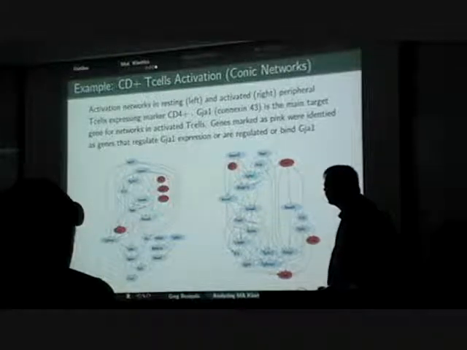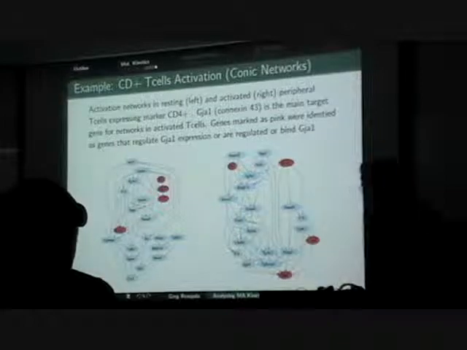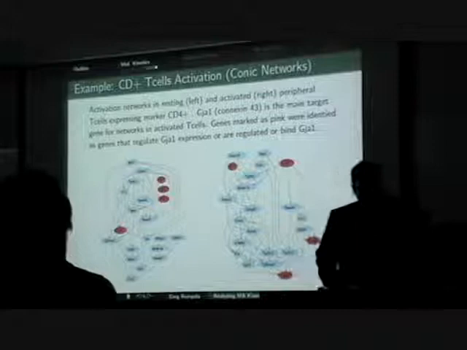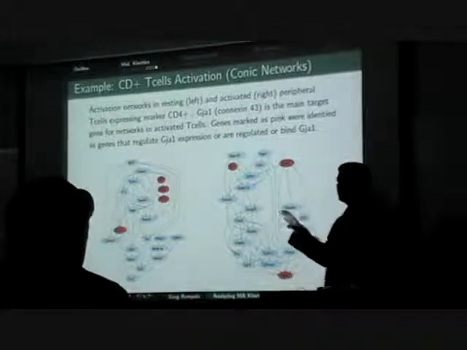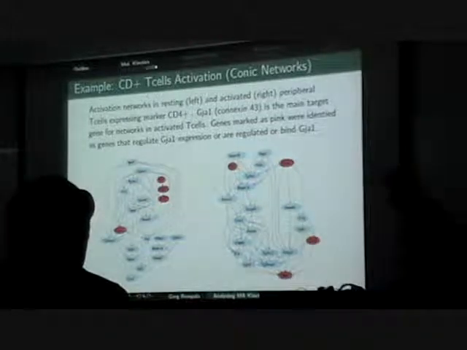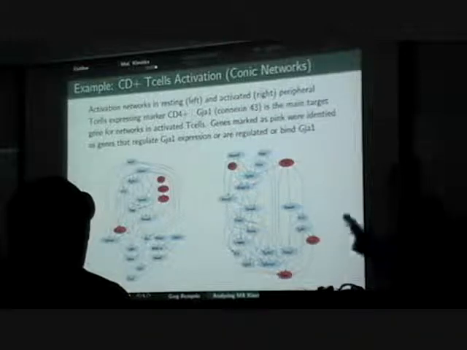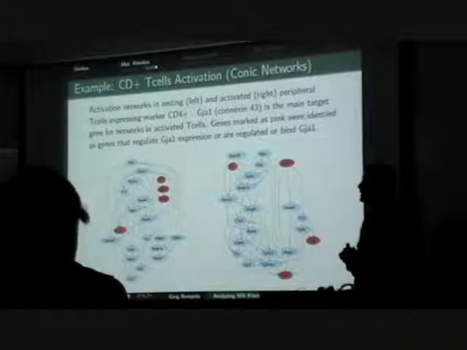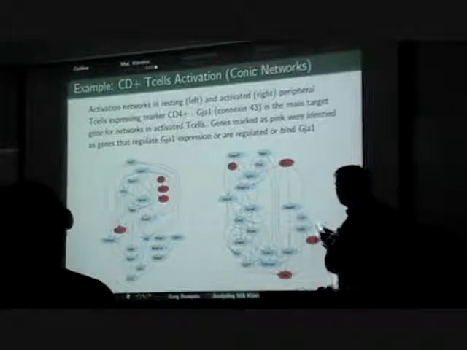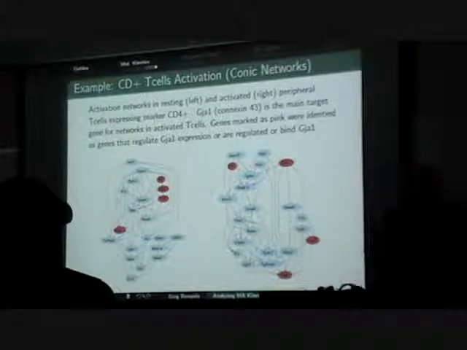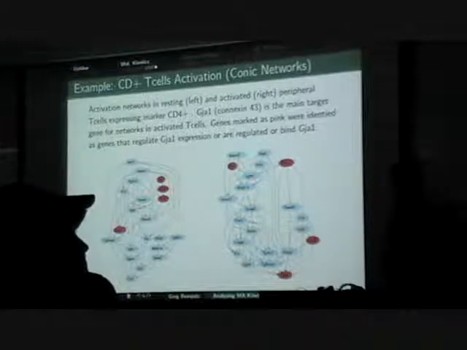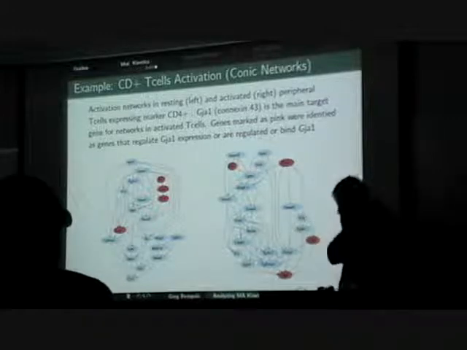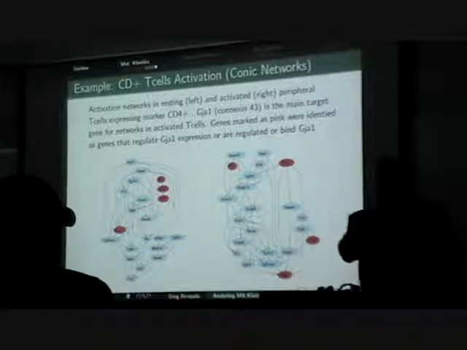This is a standard network that we have built using the Bayesian network inference method, and this looks at two different types of T cell activation patterns and two different types of mice. I don't really want to go into this either. But the point is that this is created by means of some kind of Bayesian or likelihood method that allows you to create a graphical representation of interaction.